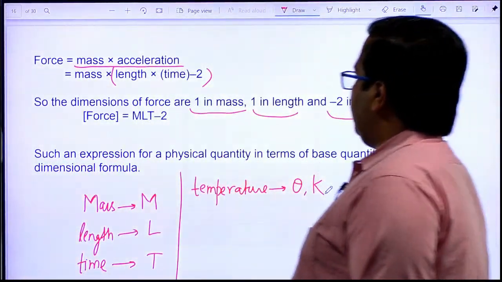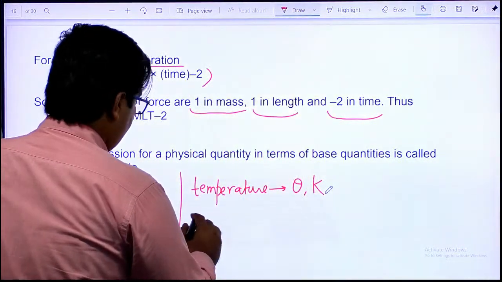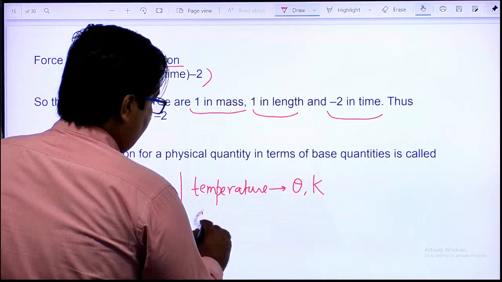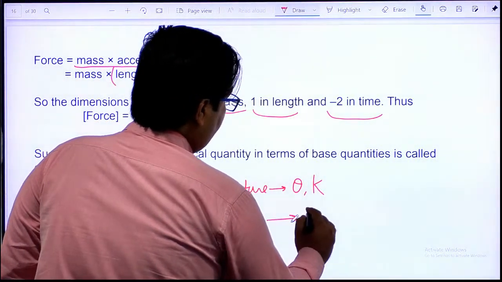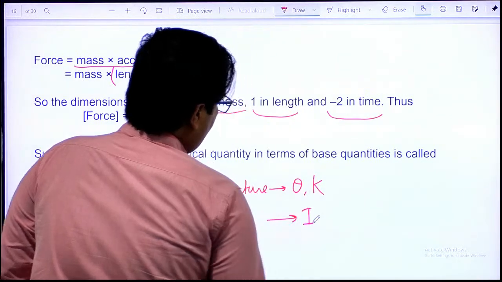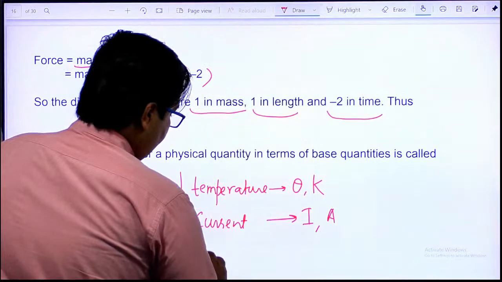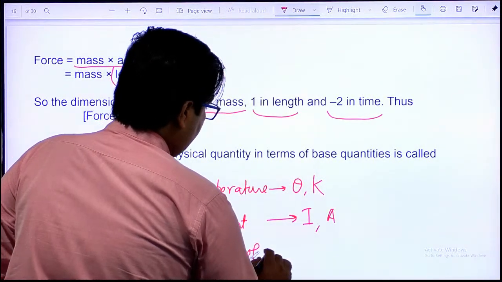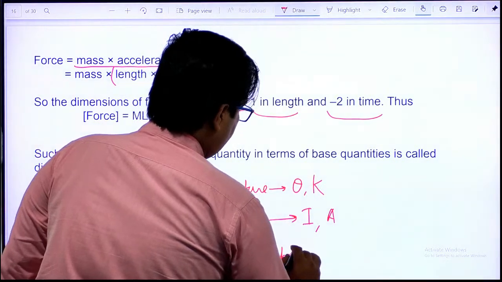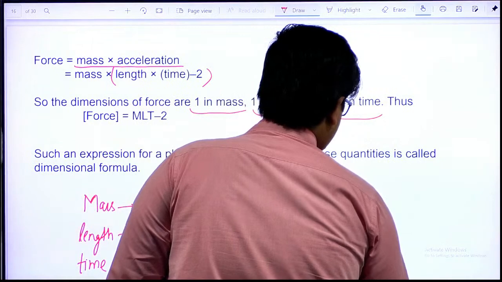Current we write as I, or sometimes A. Amount of substance as mole.